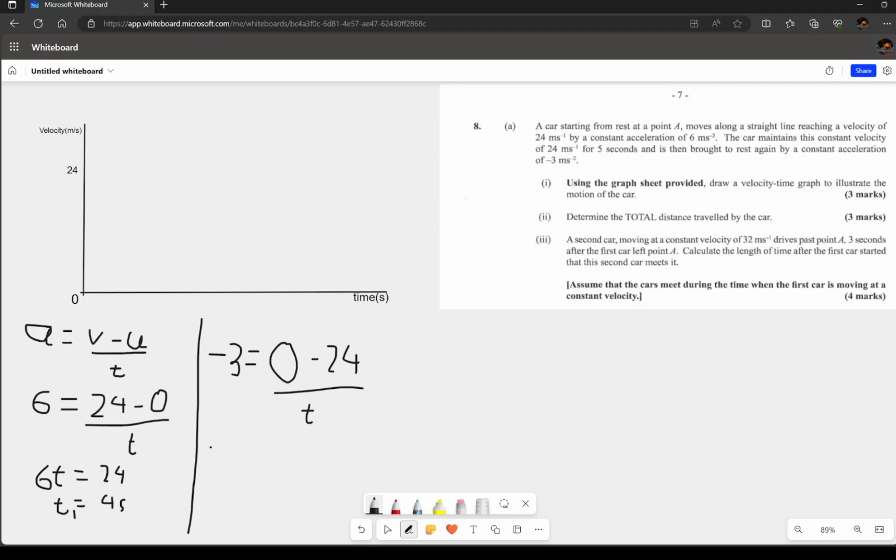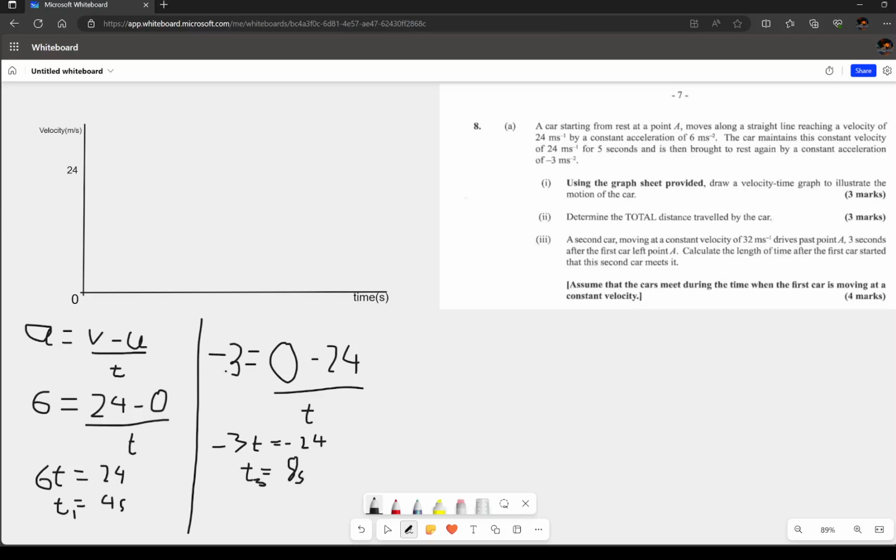Again, that's over t. That's negative 3t is equal to negative 24, and t is equal to 8 seconds. This t I'm going to call t3, since that middle one, the 5 seconds, would be considered t2.